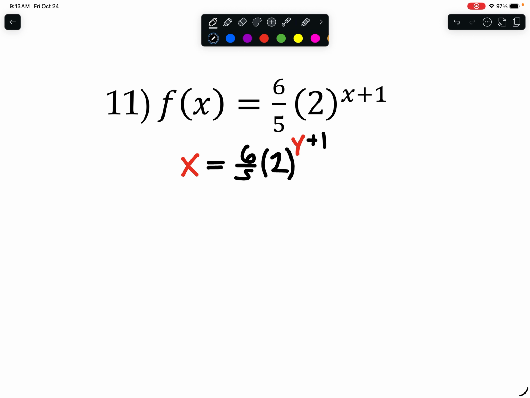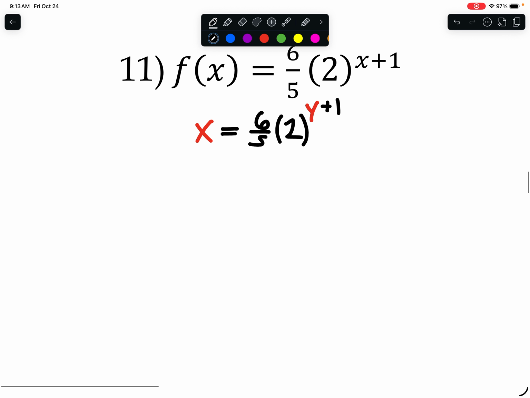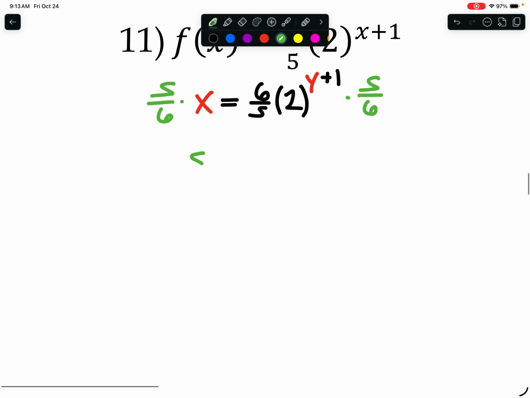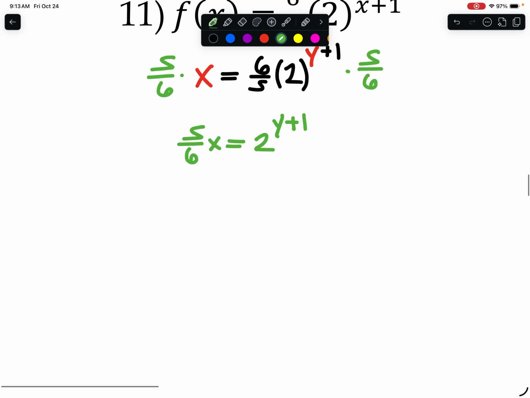And once again, of course, we're trying to get the y value by itself. So I want to get rid of this 6/5 first. I'm going to multiply both sides by 5/6, the reciprocal. Doing that, we get 5/6 x equals 2 raised to the y plus 1. And now I can't get the same base on both sides.